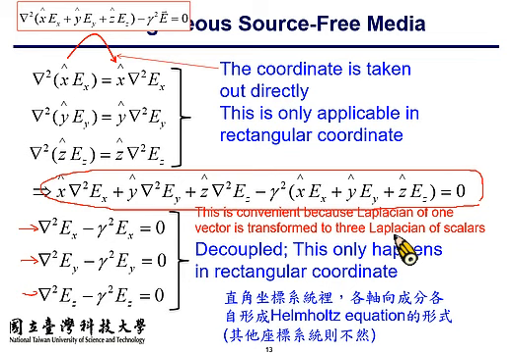So you can separate the Laplacian of the vector into three Laplacians of scalars. This is very convenient when it comes to the Laplacian. If you take a look at the Laplacian of a vector in cylindrical coordinate and spherical coordinate, it looks kind of scary. All right. So the Helmholtz equation, fortunately, in rectangular coordinate system can be separated into three one-dimensional scalar Laplacians.